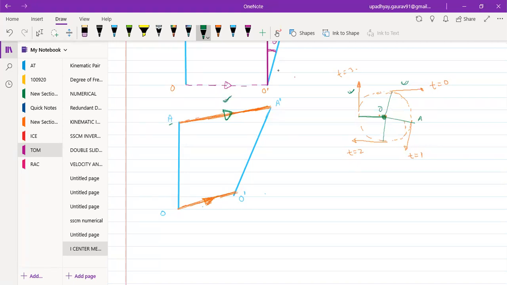If this point A dash is moving in a circular path and I have to find the center through which it is moving, what do I have to do? Understand me: different directions were given, and I asked what is the center of this rotation. So what you have done is draw a perpendicular to each given direction. Yes or not?